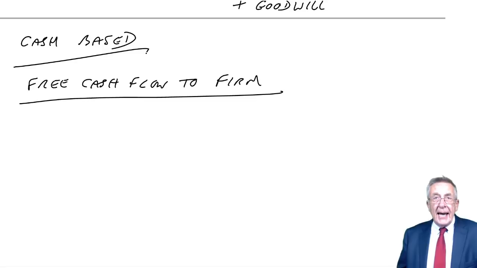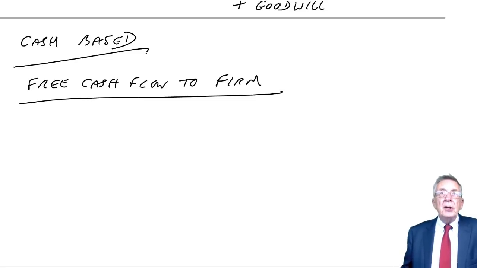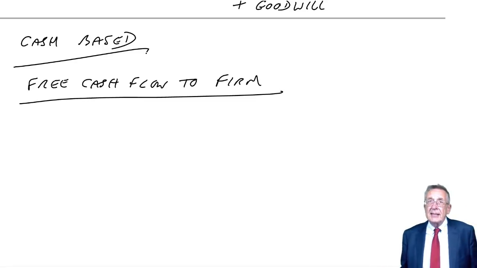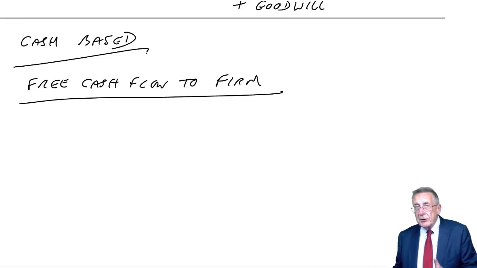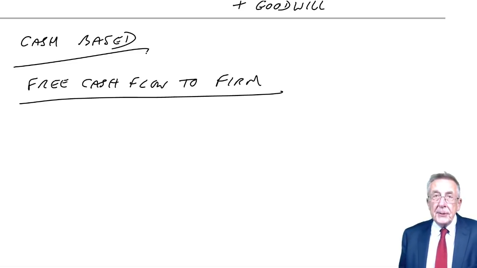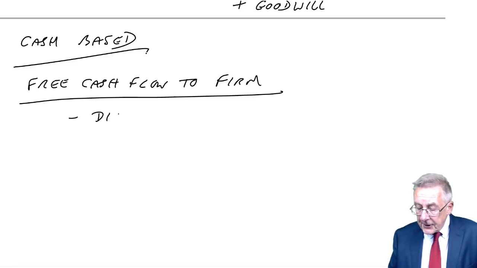We take the net cash flows available for the providers of finance and we discount generally, but I'll come to exceptions later and explain why, at the cost of capital. Discount the cash flows at the cost of capital.